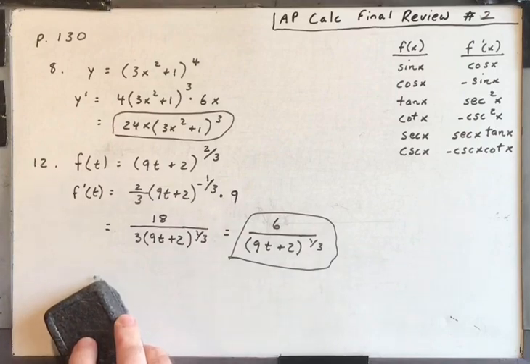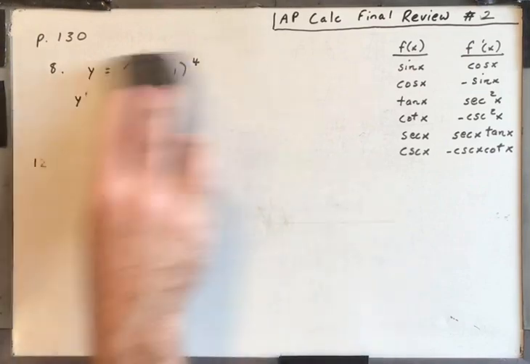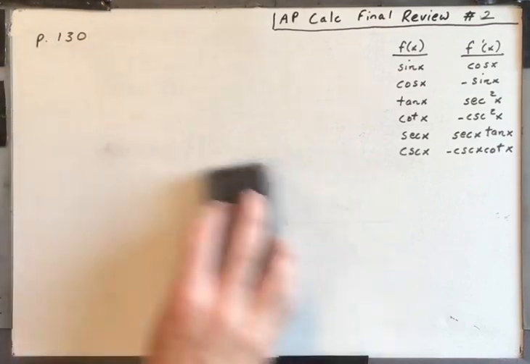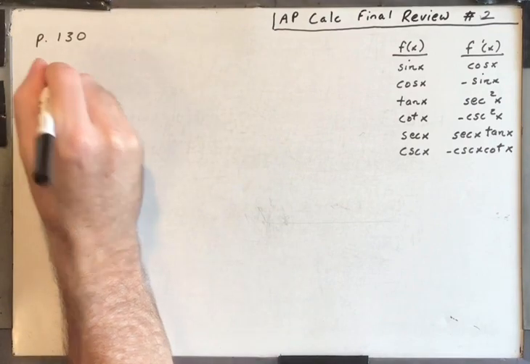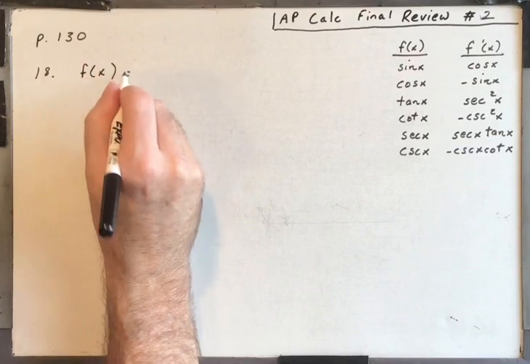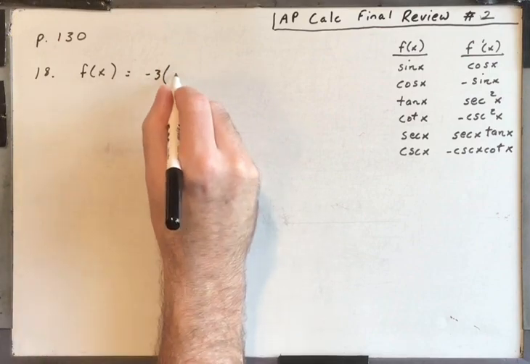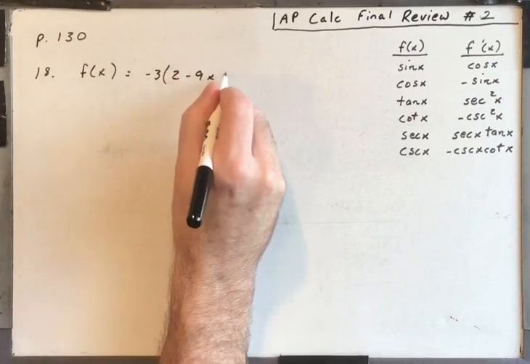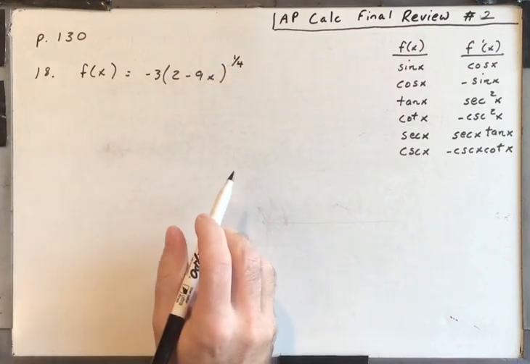Okay, I'm going to erase because 18 is going to take me a little space. All right, 18, we have f of x is negative 3 times 2 minus 9x to the 1/4.